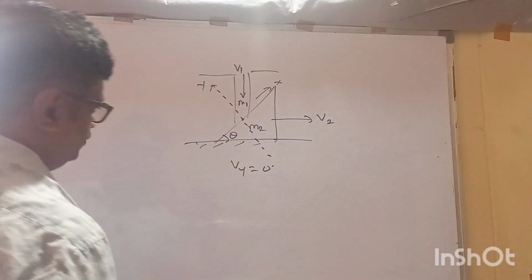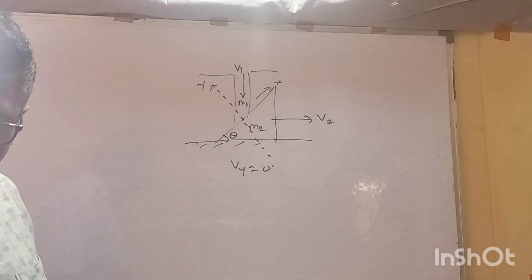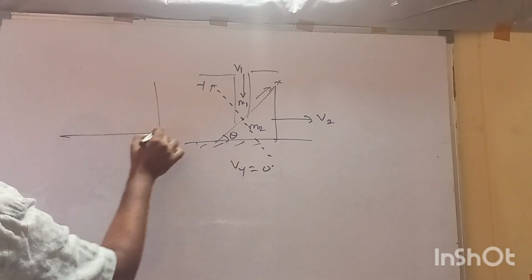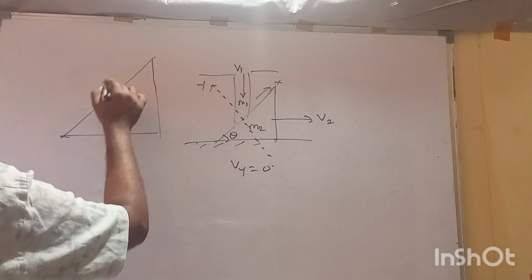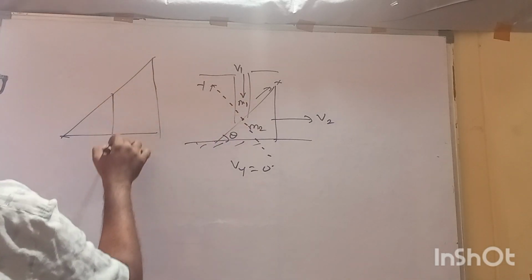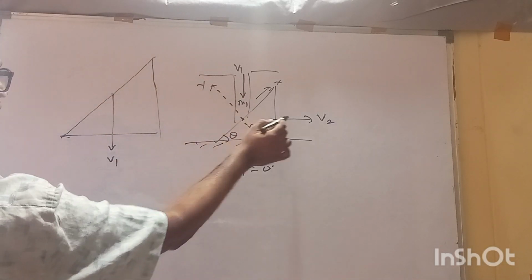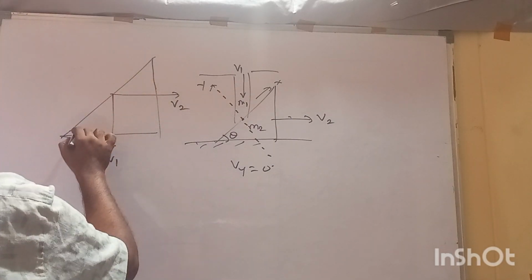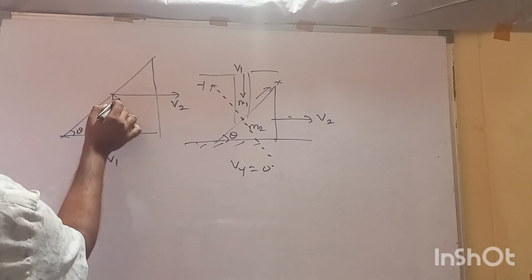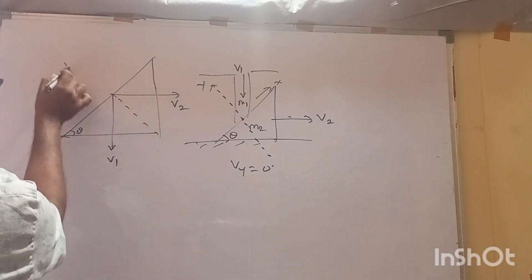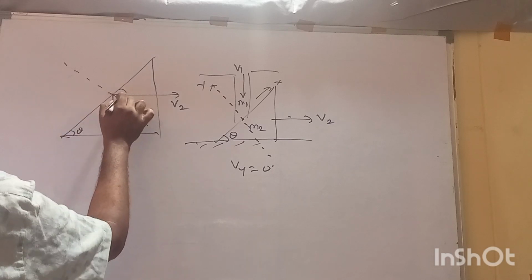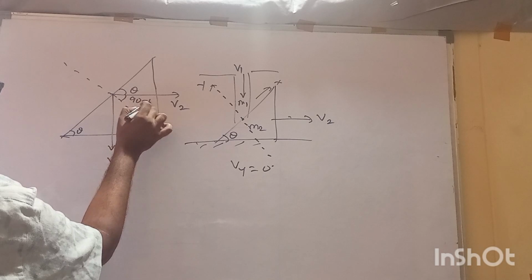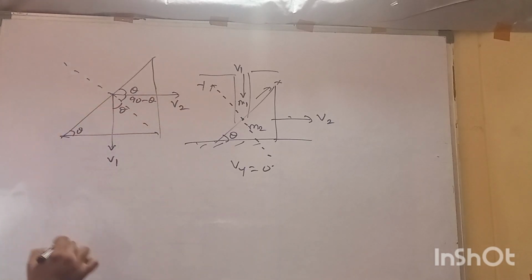So let us draw the geometry. Let me draw a slightly bigger picture. So this velocity is in the downward direction, this velocity is in this direction, okay. This is theta, so we are interested in this plane. If this is theta, then this is theta, and this will be 90 minus theta, and this will be theta.